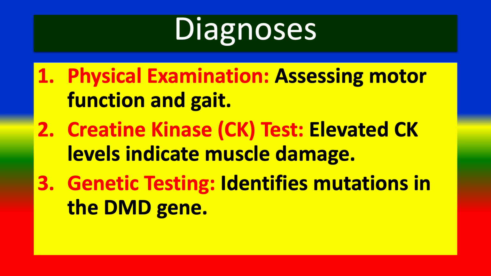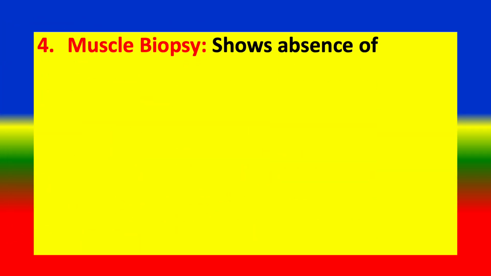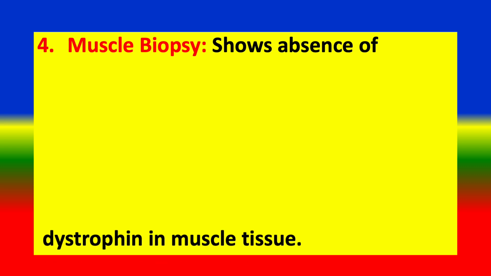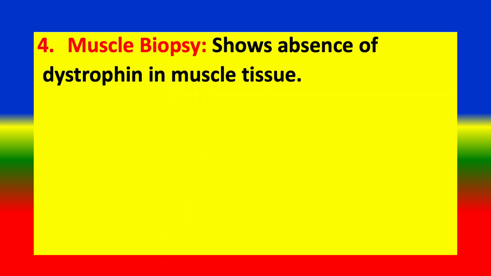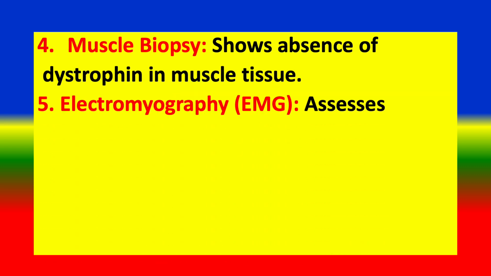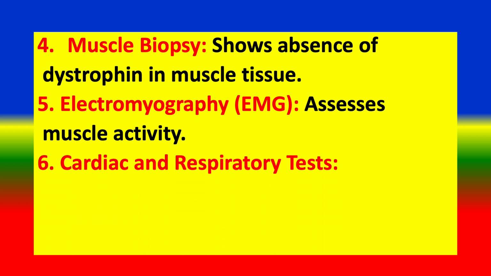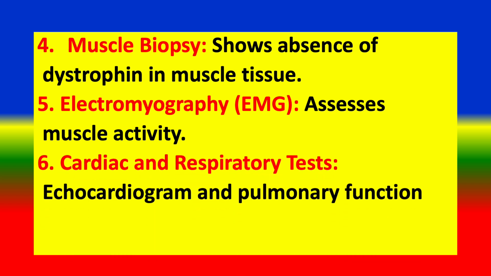Genetic testing, identifying mutations in the DMD gene. 4. Muscle biopsy shows absence of dystrophin in muscle tissue. 5. Electromyography, EMG, assesses muscle activity. 6. Cardiac and respiratory tests: echocardiogram, pulmonary function test.